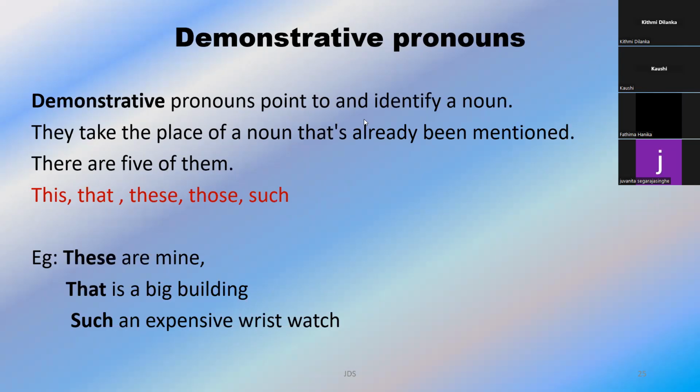If that noun is placed closer, it becomes this, these. If it is singular, this, and if it denotes a plural entity, these. If they indicate nouns placed far away from the speaker, that and those. And you also have such used as a demonstrative pronoun.